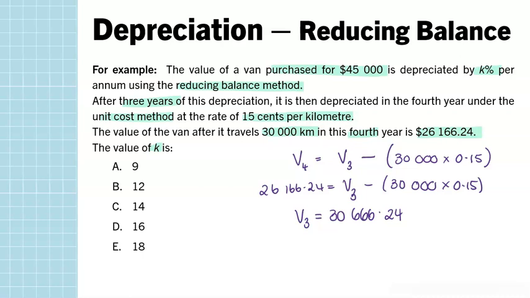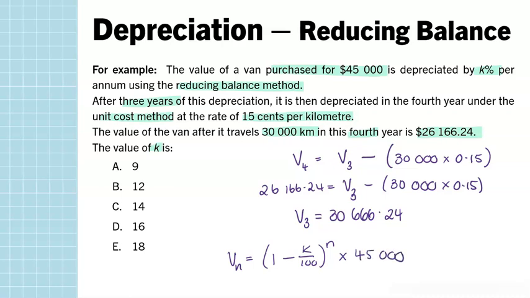So now I know just for the reducing balance component the change that has occurred. So let's think about setting up an equation for that. If I take my initial value 45,000 and I knew my rate, I could set up a general rule. In general, I would have R, so 1 minus my rate over 100, to the power of n, times my initial value, in this case 45,000.